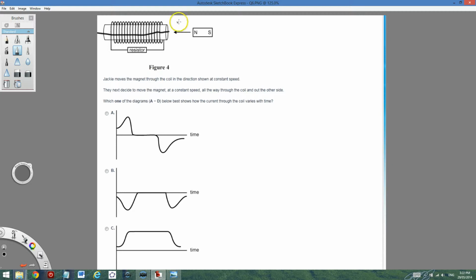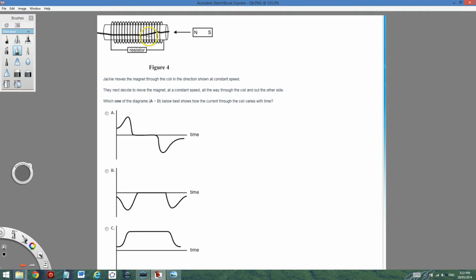The graph. As we talked before, as the magnet goes in, there's a change of magnetic flux, thus there is a current or voltage. But once the magnet is already in the wire, the wire does not feel a change in magnetic flux.